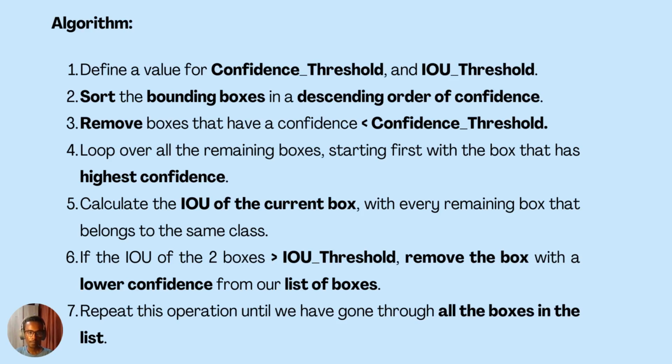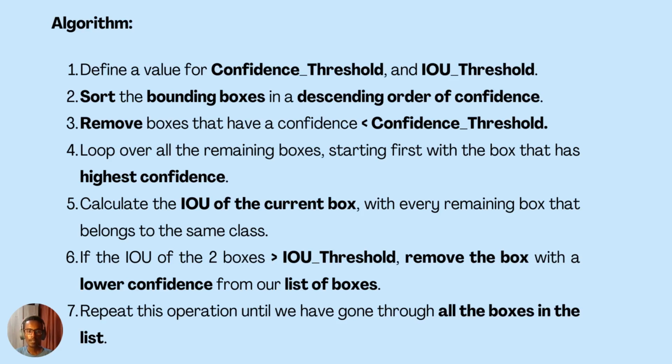If any box belongs to a different class, we don't compute the IOU. And if the IOU of the two boxes is greater than the IOU threshold, we remove the box with lower confidence from our list of boxes. So in our case, when we computed the IOU between the green box and the blue box, we got 0.6, which was greater than 0.5.